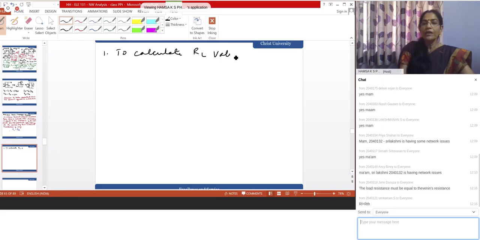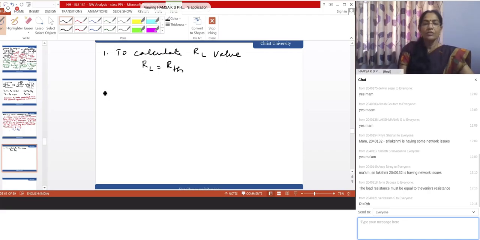So how to calculate this RL value? RL value is nothing but RL equal to RTH. Which means that given a circuit, first we need to calculate the RTH value, and we need to take that value as RL.